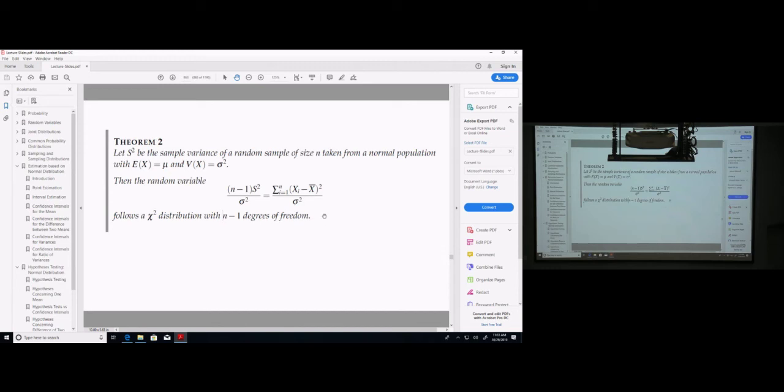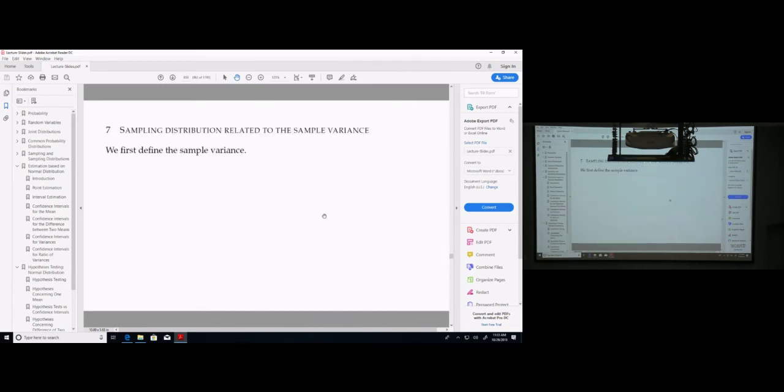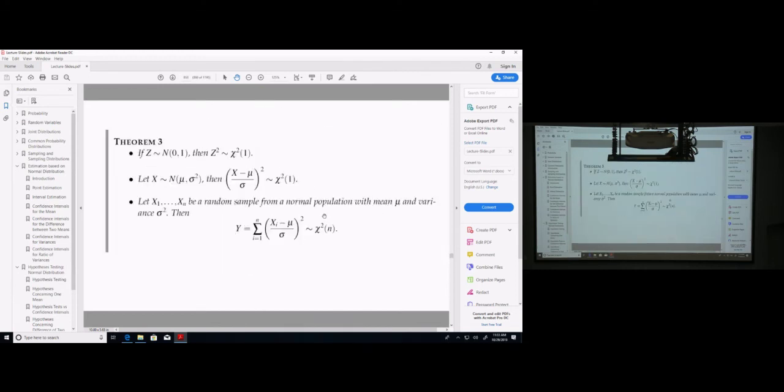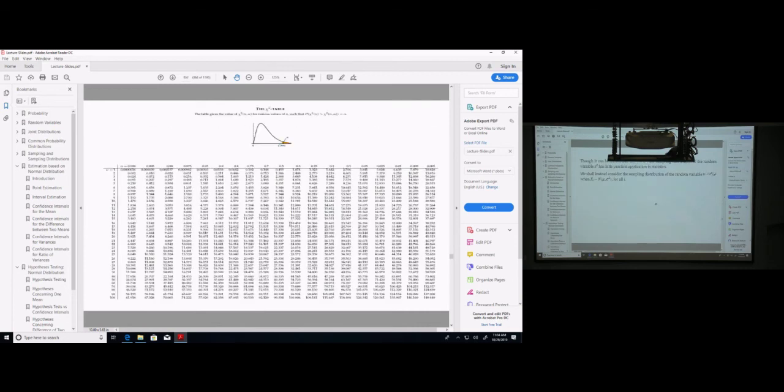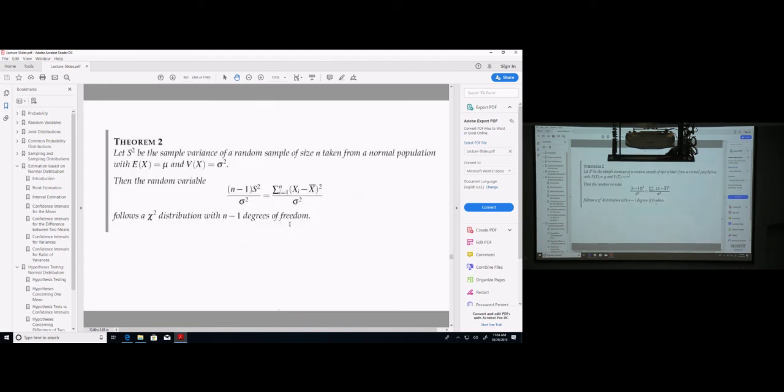If you compare this with the previous one, it says the degree of freedom is the sample size n. But here we are subtracting the sample mean instead of mu. When we subtract the sample mean, we lose 1 degree of freedom.